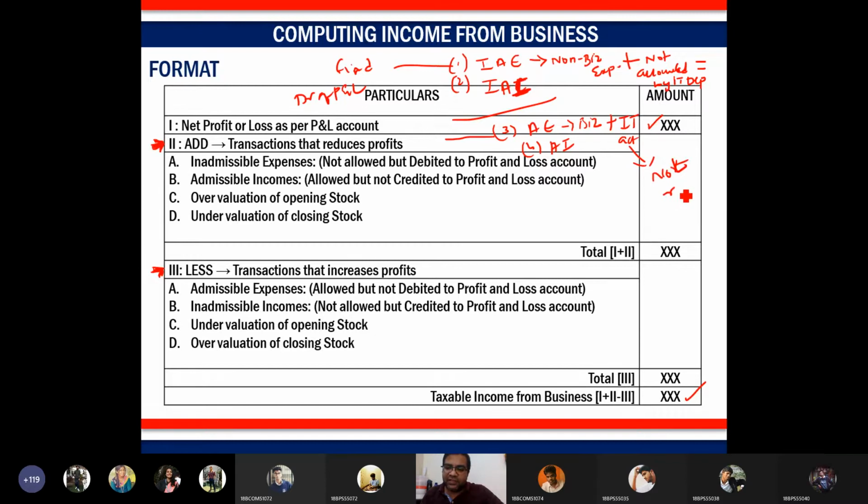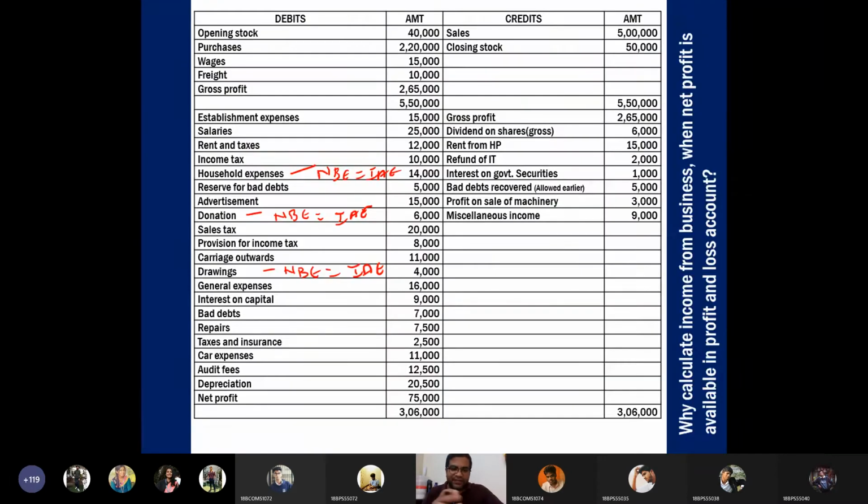Not recorded in the P&L account. That means, let's see the P&L account. Inadmissible expenses are non-business and not allowed by the income tax department, but recorded in the P&L account. So we know that it's available here.